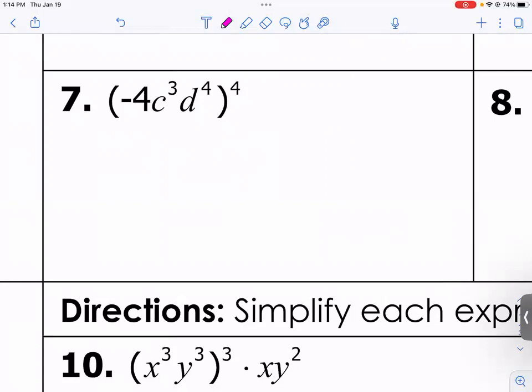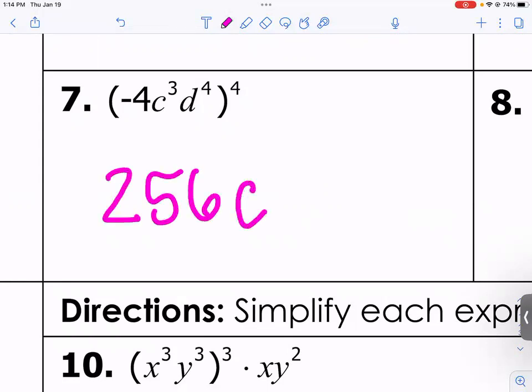On this calculator, there's a negative and there's a minus. So -4 in parentheses, caret 4. What does that give us? Everybody try it. It should give you 256.